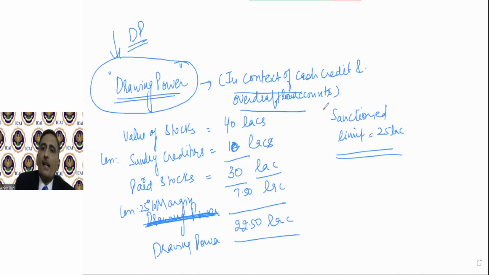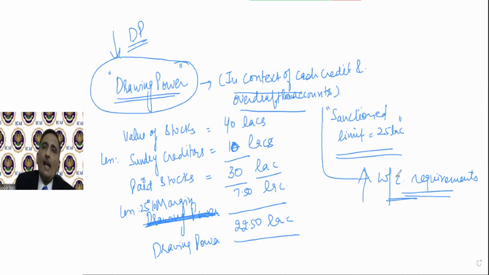Students, suppose that a trader has been sanctioned a cash credit limit of 25 lakhs by the bank for meeting its working capital requirements against the primary security of stocks.